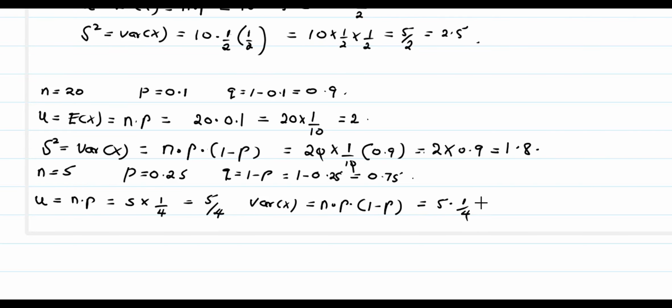Then again multiplied by 1 minus p, which was 0.75, but 0.75 is the same as 3/4. So it becomes 5 multiplied by a quarter multiplied by 3/4, which is 3 over 16, since 4 by 4 is 16 and 3 by 1 is 3. So now it becomes 5 multiplied by 3, which is 15, all over 16. You can change it to decimal if you want, but let me leave it like this.